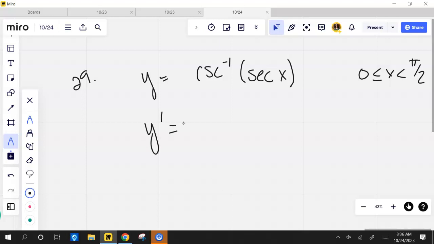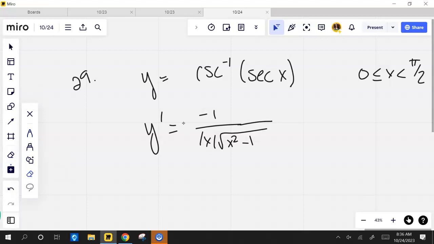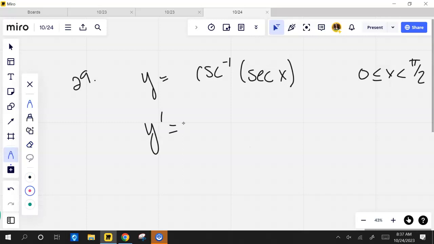The derivative of inverse cosecant is -1 over the absolute value of x times the square root of x squared minus 1. As I fill this in, this is your x, that's your x to start with.